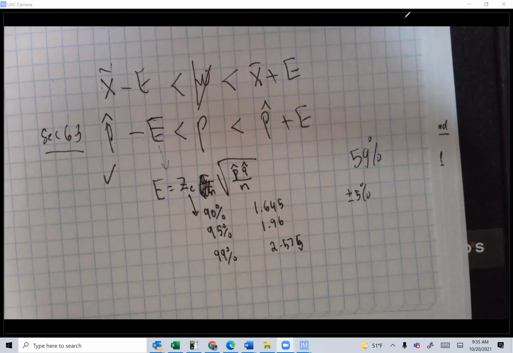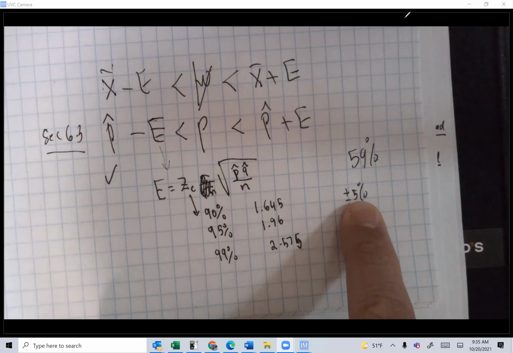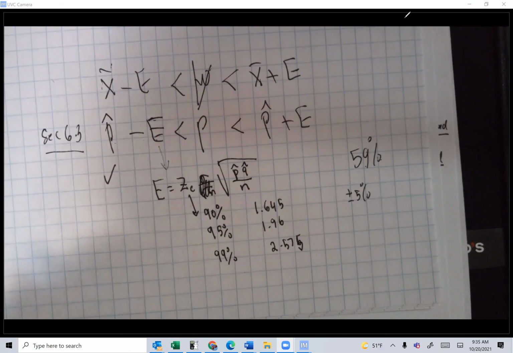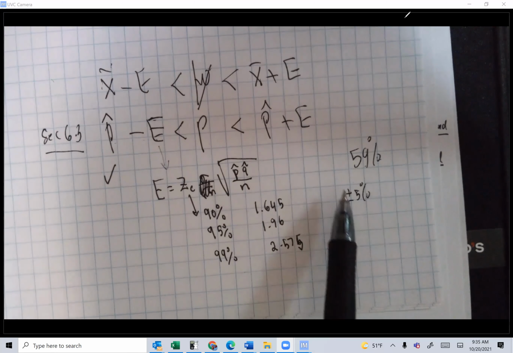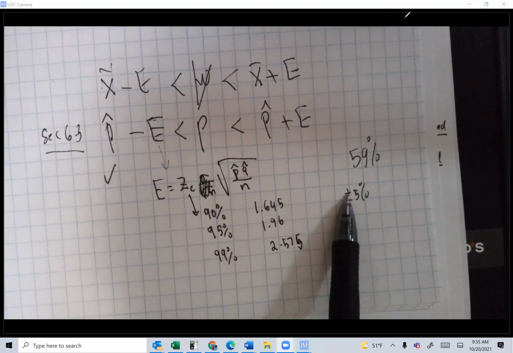A lot of people who watch TV and watch the polls don't understand what the plus or minus 5% mean, and that's why they try not to explain it on the TV. They don't say confidence interval because they know a lot of people don't get it. All they do is give you this one, and they give you the margin of error with the hope that a lot of people would understand what the margin of error means.